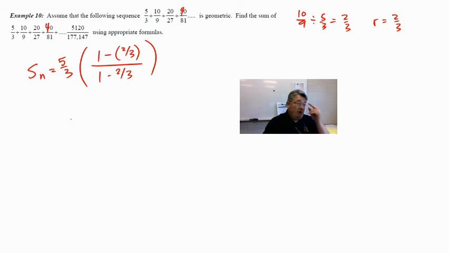The complicated way would say, this 5,120 over this 177,147, that's equal to, so this is the nth term, right? The first term times the ratio to the power of n minus 1. I need to solve that, so I'm going to divide by 5/3.